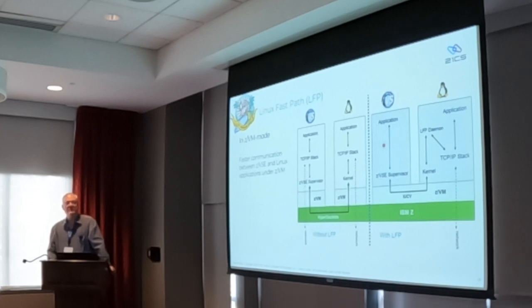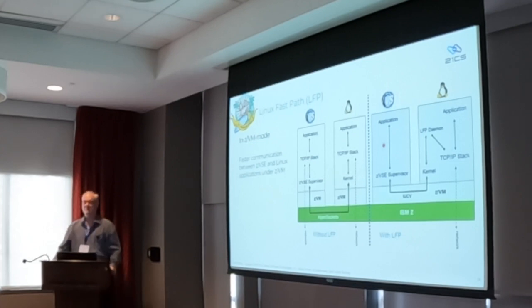We talked directly from VSE, and what we did was we offloaded all the TCP/IP interface stuff to the Linux, and basically didn't have to have any TCP/IP stack running on our VSE itself.